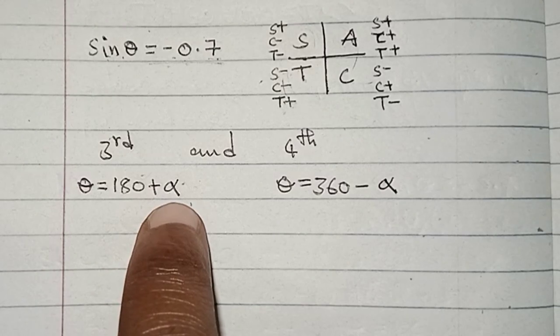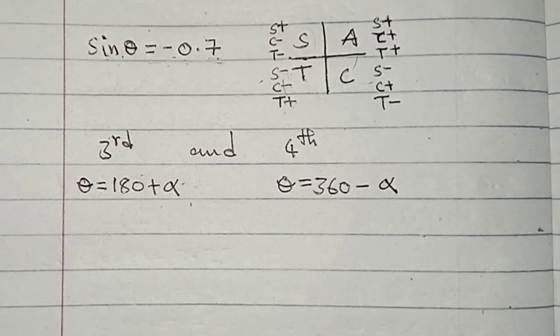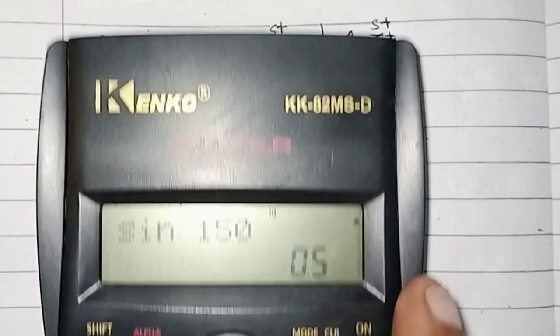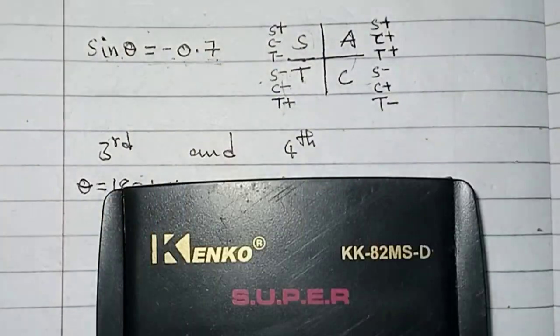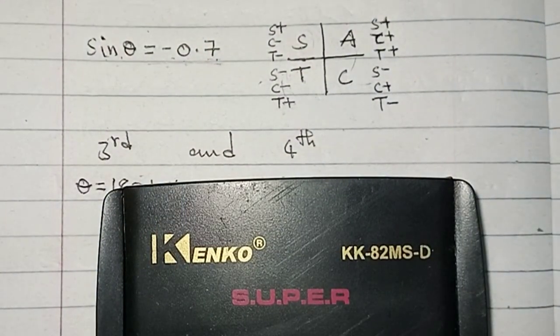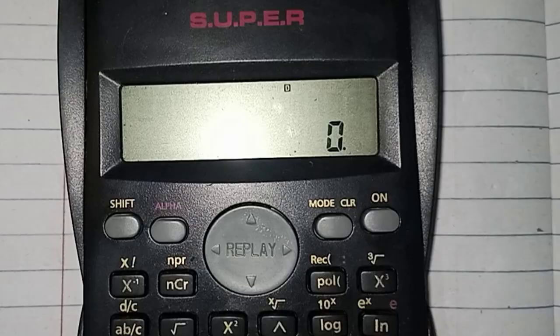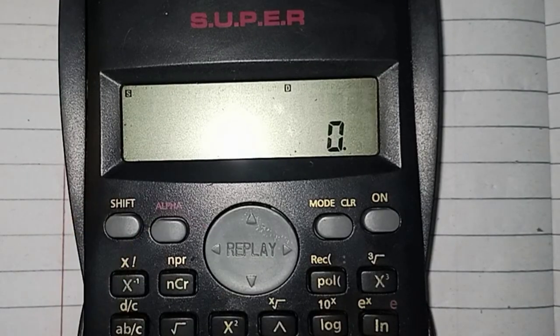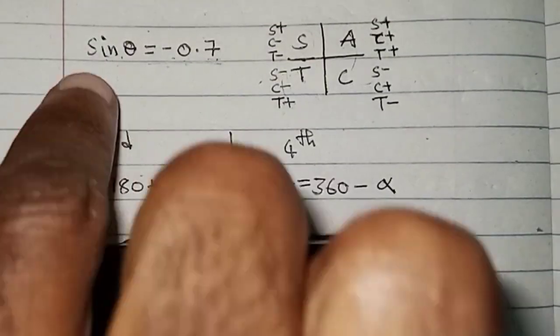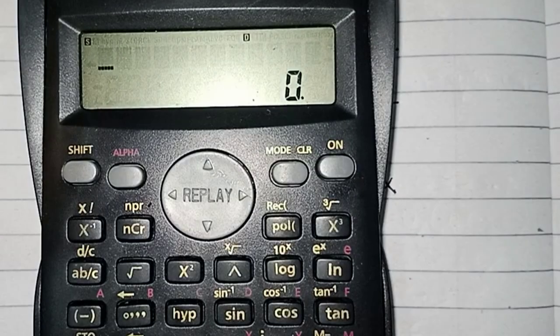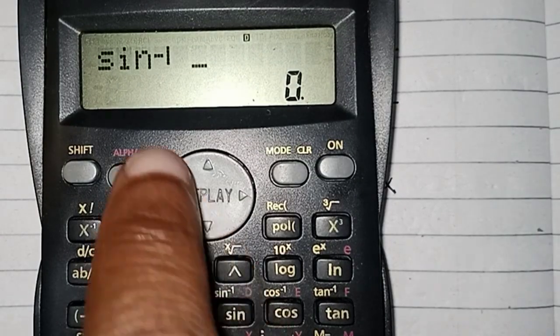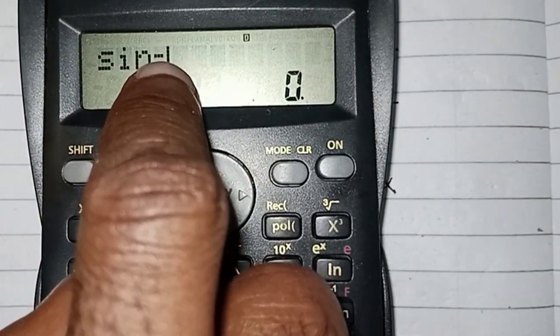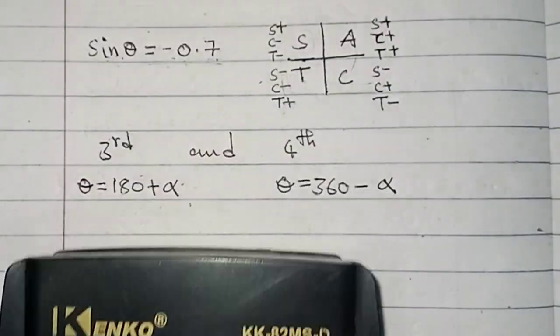Now we have to find the value of alpha, so we can use our calculator. We have sine theta is equal to negative 0.7. Again, we repeat the procedure. We begin with shift, then we go on sine. It should show the inverse of sine. Then we write the number.